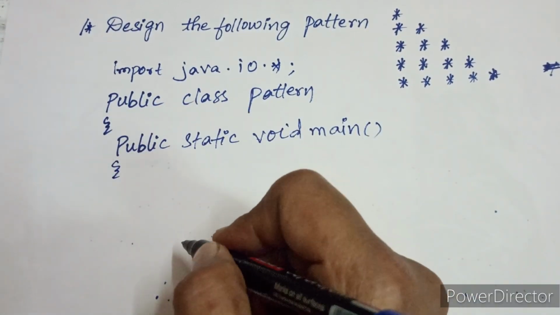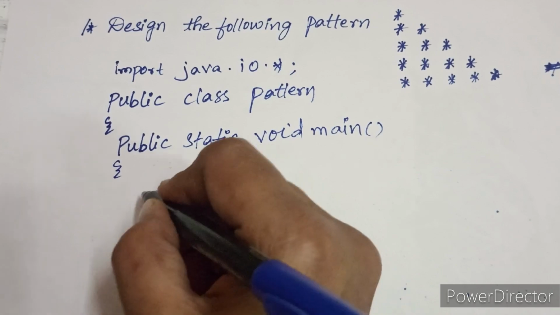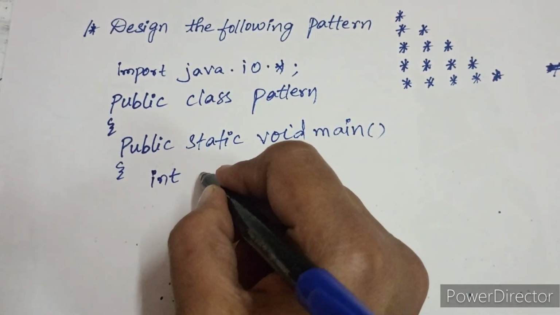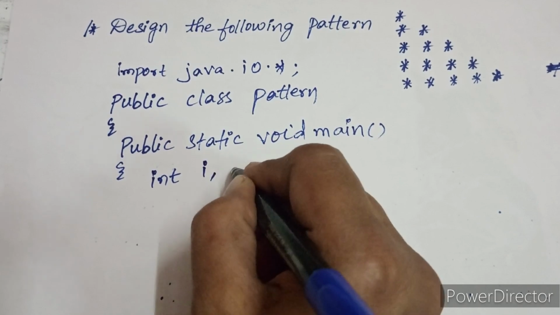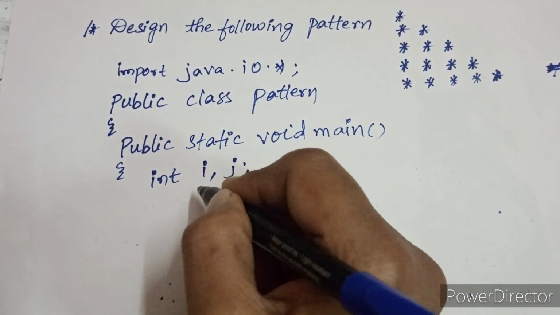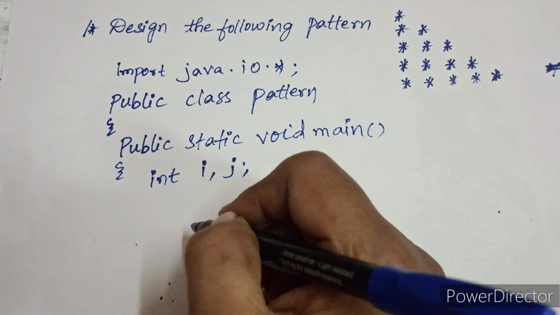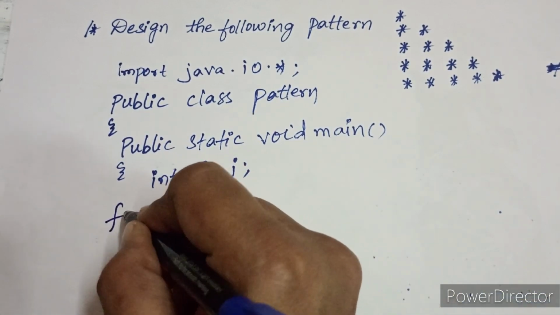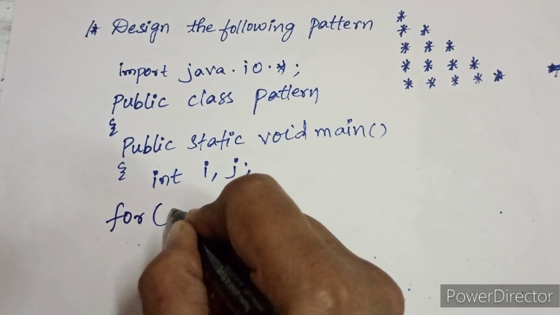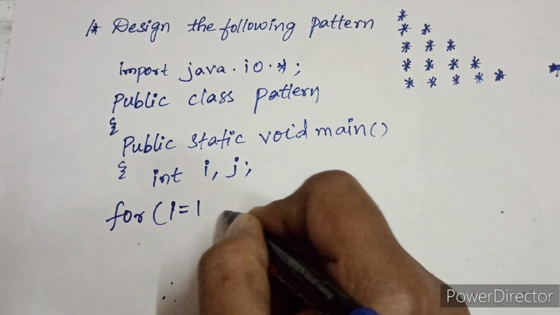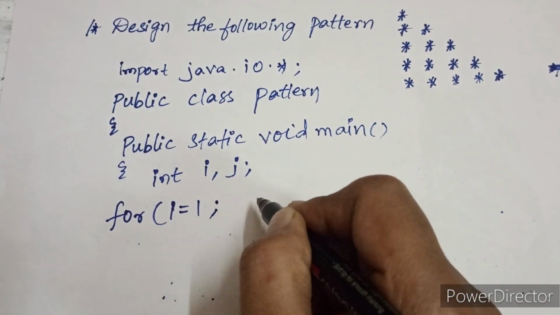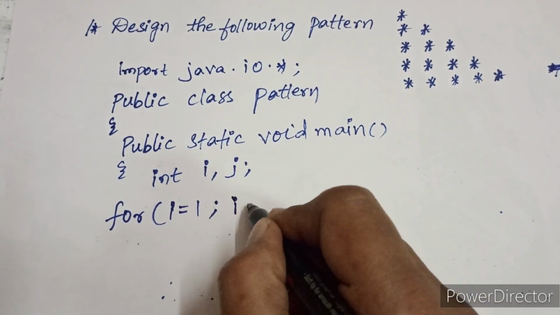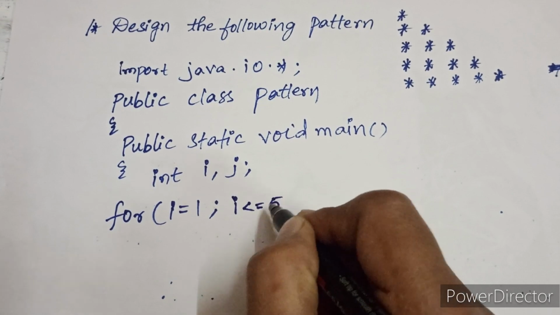Then here I am using two variables, i and j, because I am using the nested for loop concept. Here i indicates the number of rows, j indicates columns. So first I am declaring the outer loop, for i equal to 1, because I am displaying the pattern of stars from the first row onwards and it must end with the fifth row.